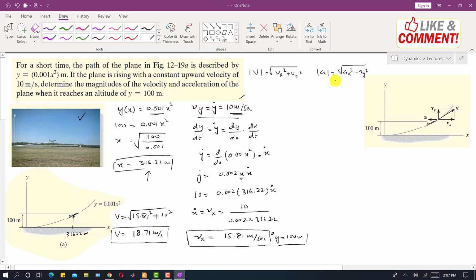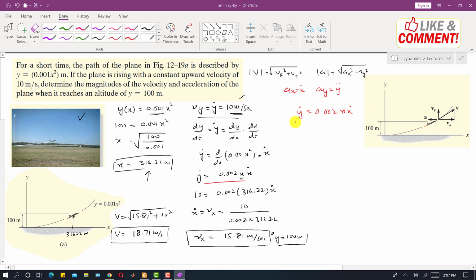Now to find the acceleration magnitude, we have to find ax, which is equal to x double dot, and ay, which is equal to y double dot, right? Now we have this y dot, which is equal to 0.002 x dot.